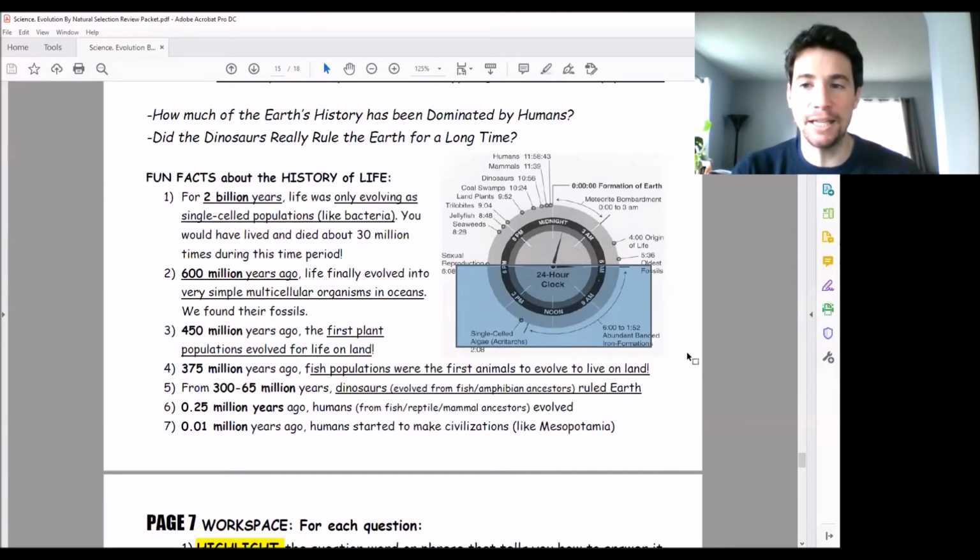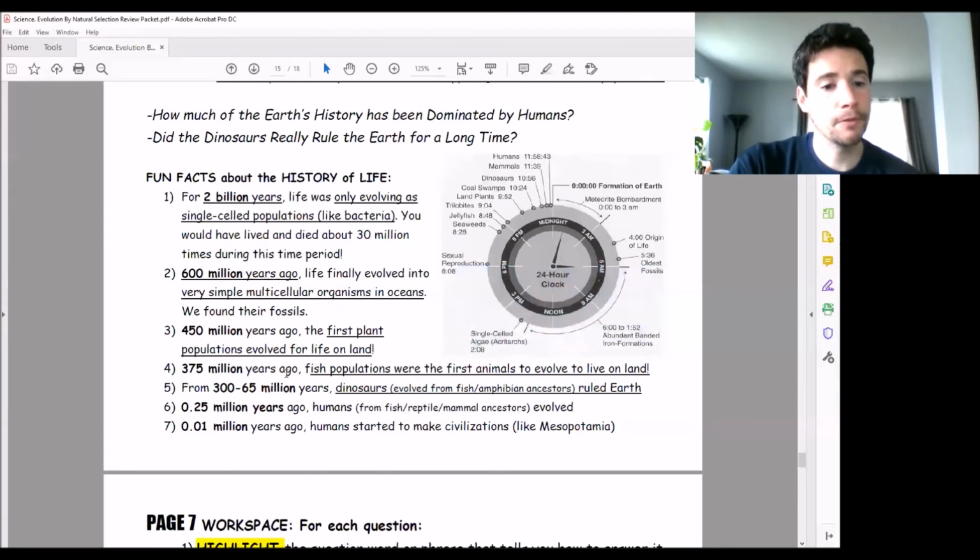So about 2 billion years, which is a crazy long period of time, the Earth existed without any animals or any plants or anything complicated that we would see in the fossil record now. The Earth was just full of bacteria, and that bacteria was evolving and growing more complicated, but it was still just single-celled bacteria. So that's kind of interesting, kind of weird to think about.